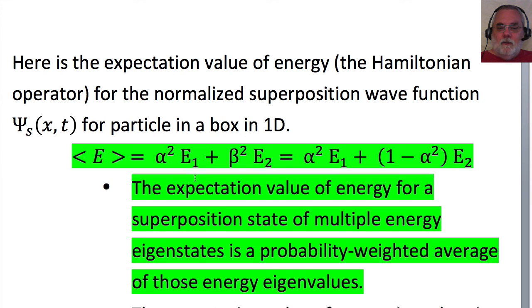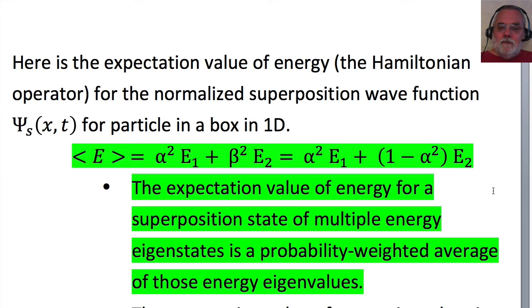Alpha squared E sub 1, the energy eigenvalue for the ground state, plus beta squared E sub 2, the energy eigenvalue for the first excited state. And beta squared is 1 minus alpha squared. That's a condition in order to keep the wave function normalized.